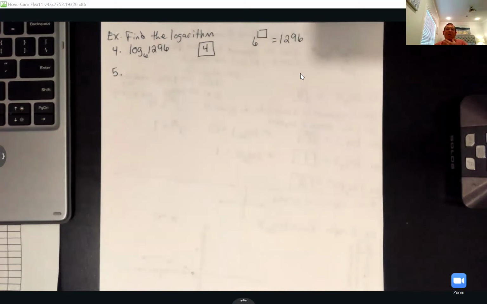And y'all, you actually got a property on this. If we got a log base a of a to an exponent, it's always going to equal the exponent. So just like this, if the base matches the result to an exponent, the answer will always be your exponent.